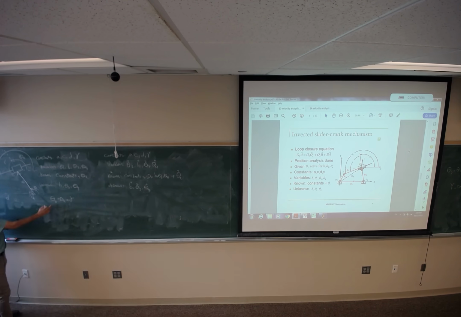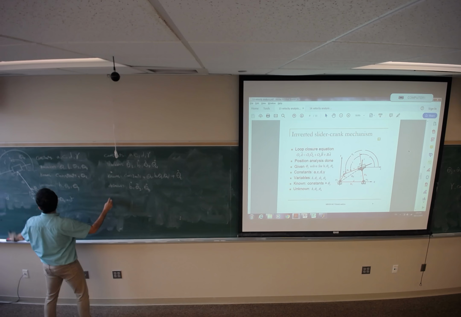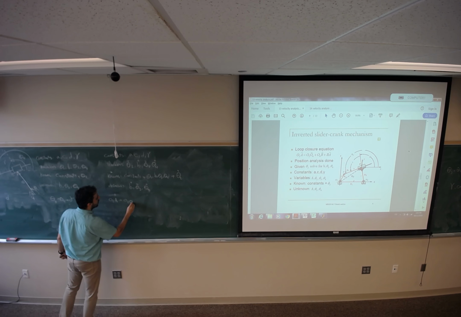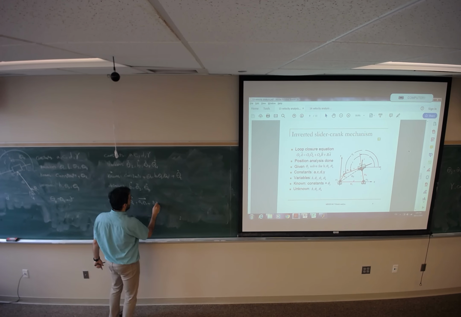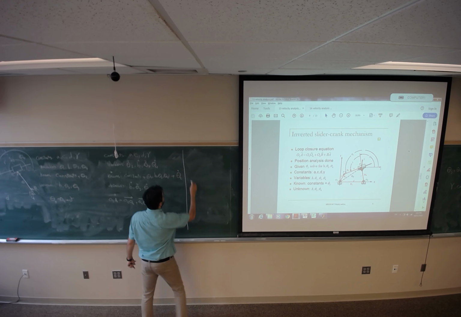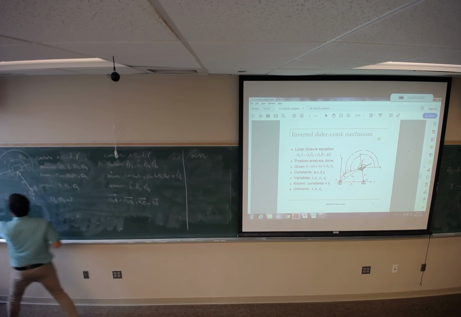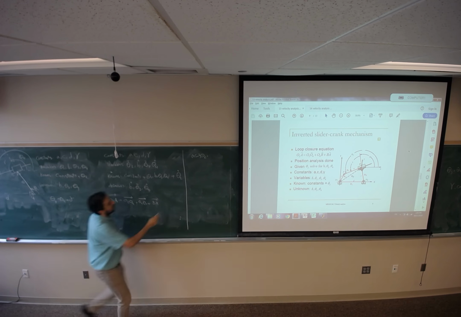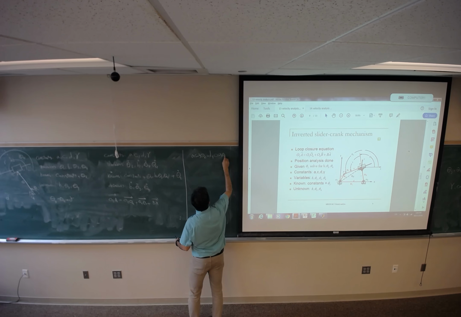Just differentiate both sides. So if I write the vector loop equation, I can write O to A equals O to O4 plus O4 to B plus B to A. The X component would be A cosine of theta 2 equals B plus C cosine of theta 4 plus B cosine of theta 3.